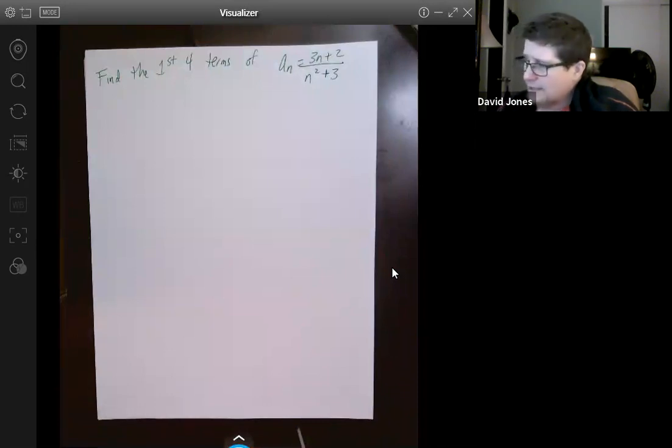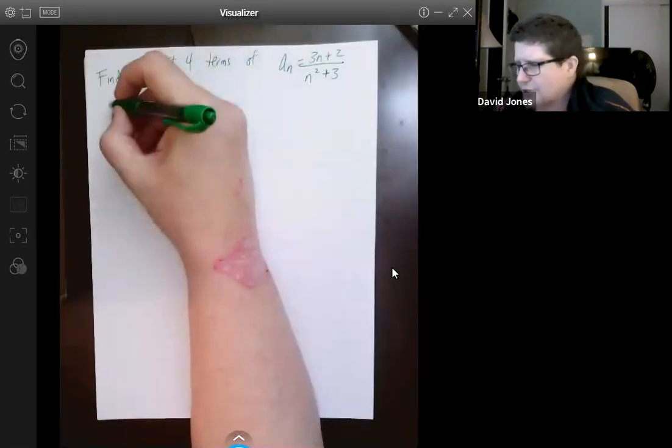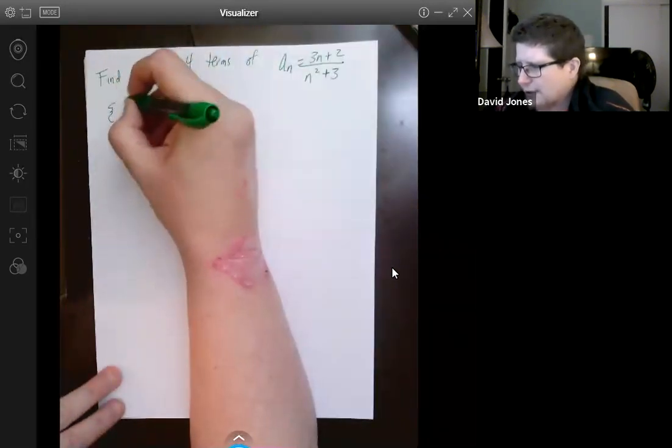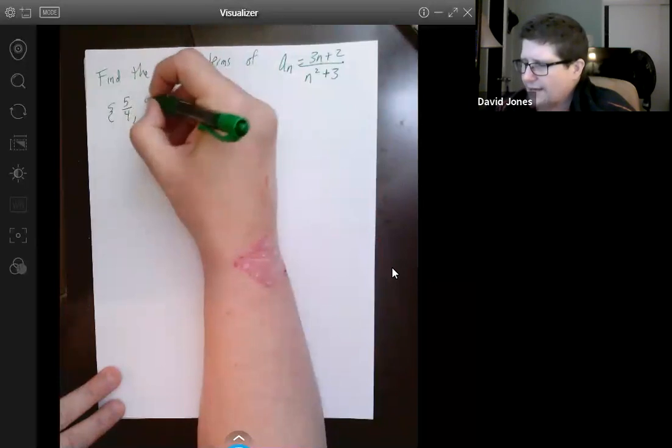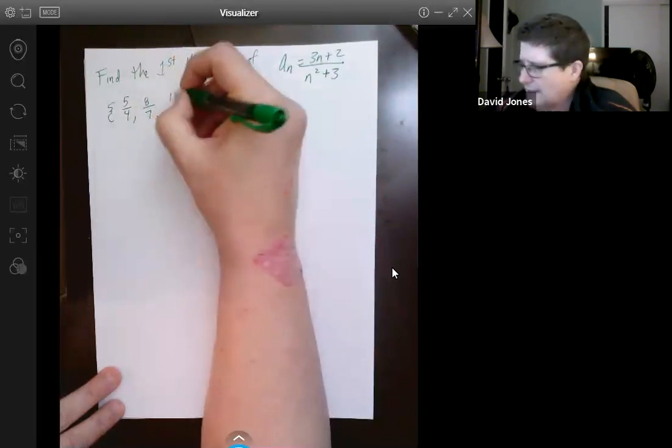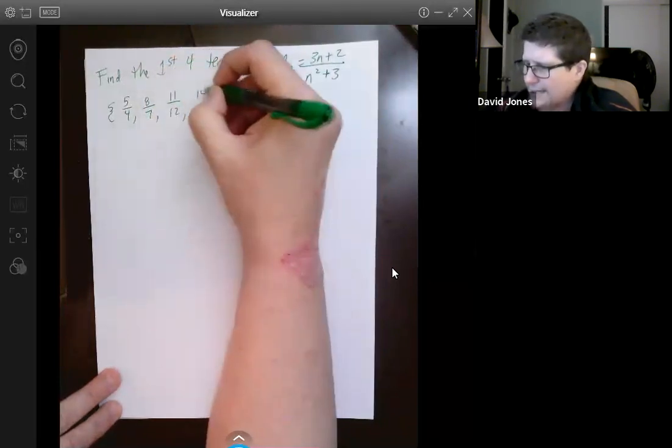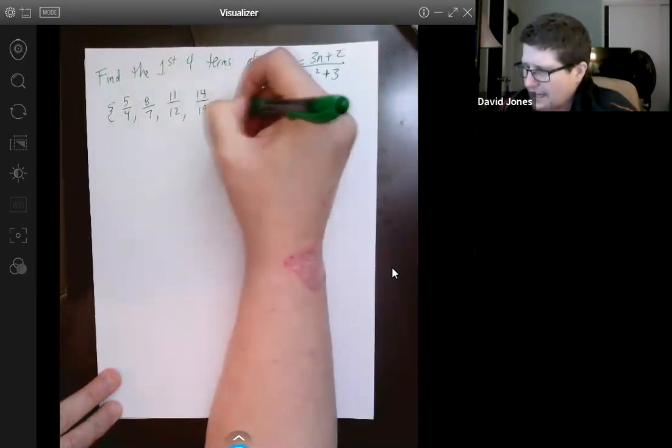This sequence is going to be an infinite sequence, but we're just going to do the first 4 terms of it. So if you do that, the first term gives you 5/4. Then you're going to have 8/7, 11/12, 14/9, and it keeps going.